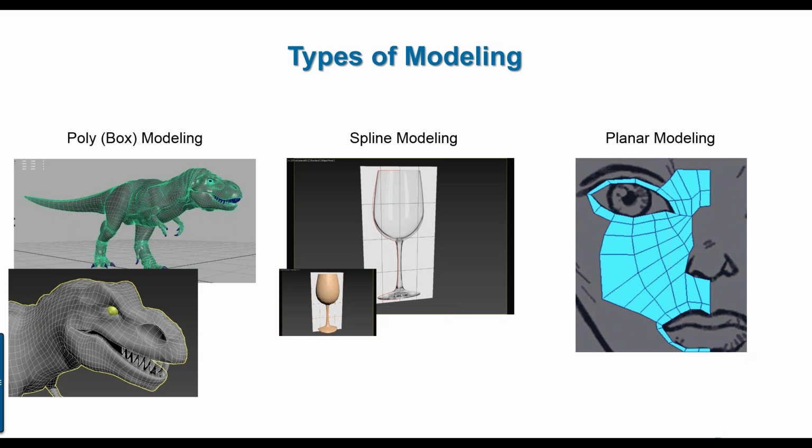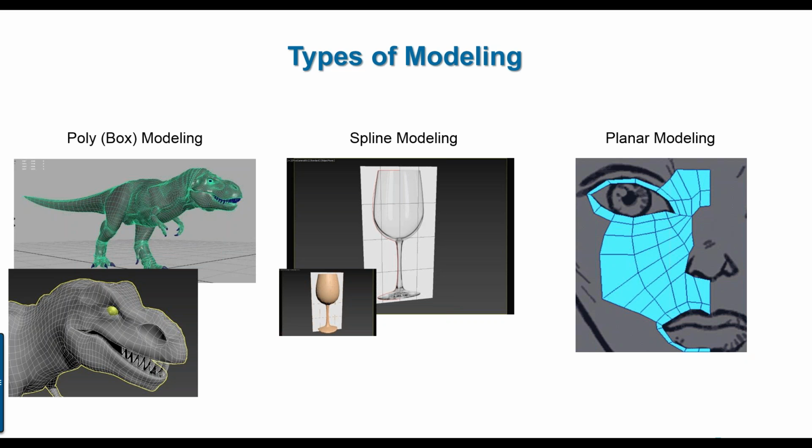Depending on where you're working, they might have one particular workflow that they use. I know one of the companies I used to work for specifically only allowed for box modeling. Spline modeling is a little more difficult to convert for certain aspects of jobs, so it might be something to think about in the long run when you're modeling.